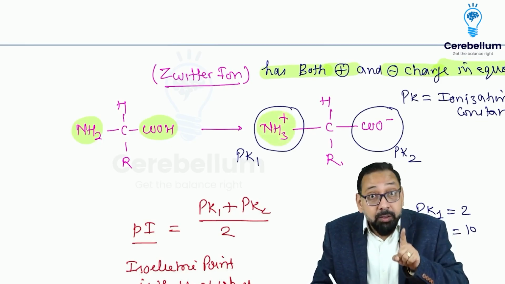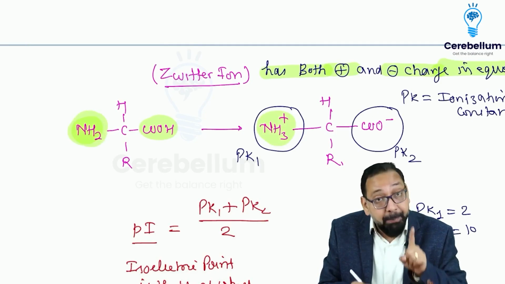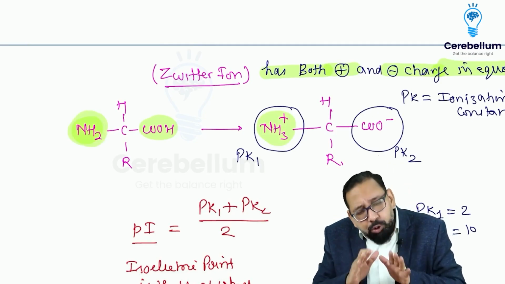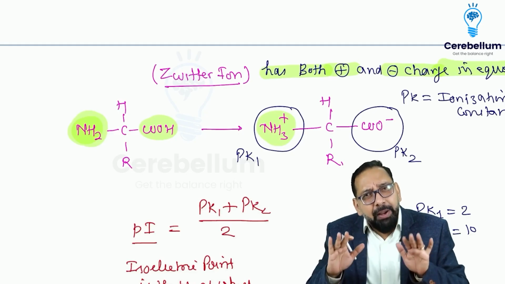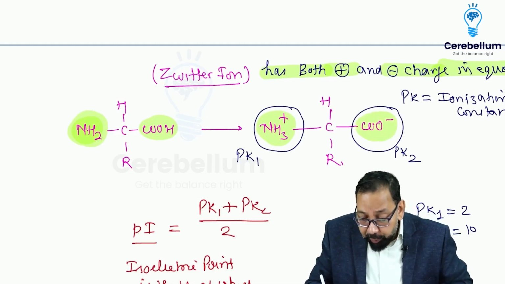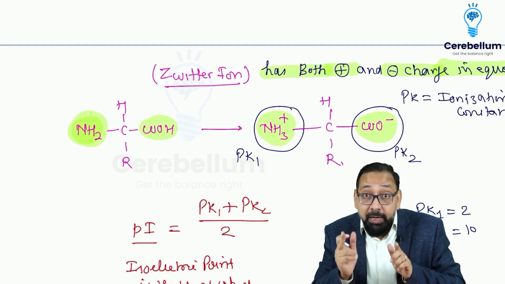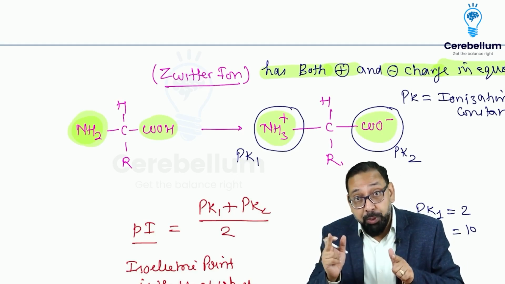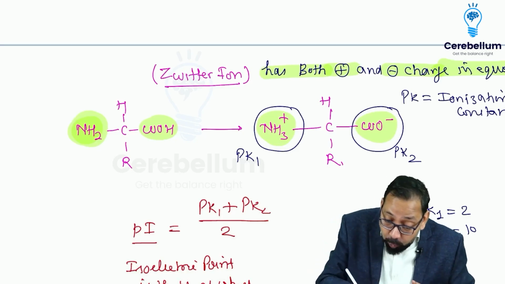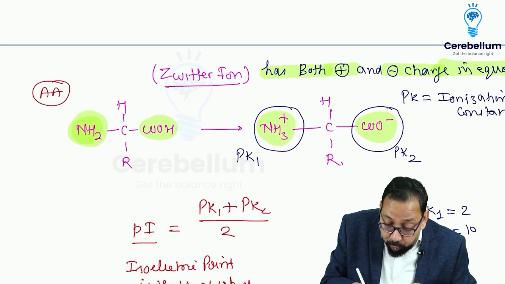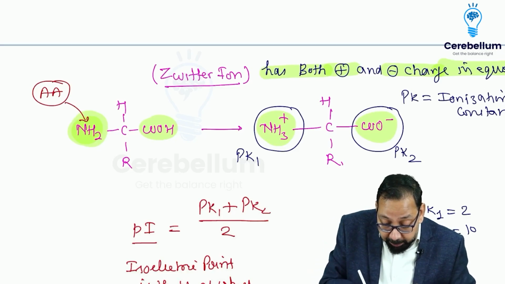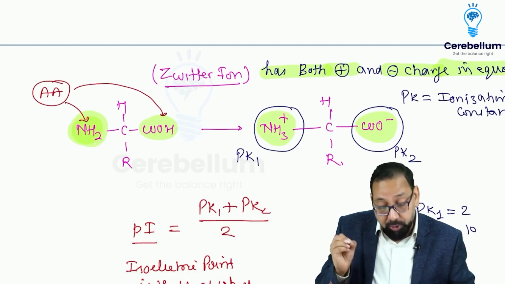So one ionizable group is the amino group. The carboxylic group is ionized to acquire negative charge. This second ionizable group is the carboxylic group. So an amino acid has two ionizable groups, amino and carboxylic.